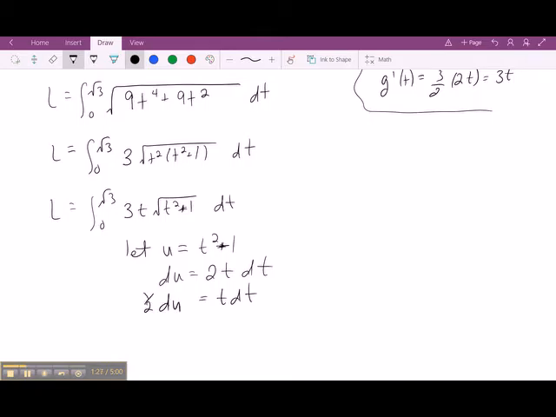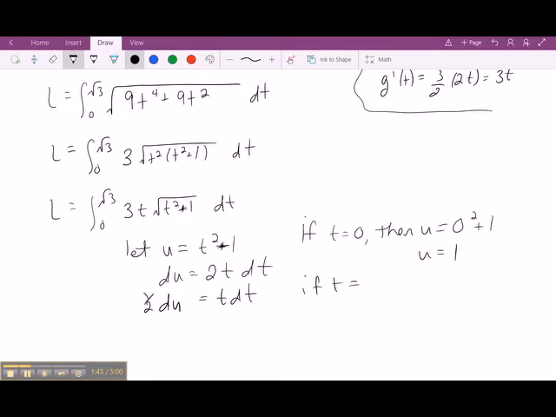I'm going to go ahead and switch my limits of integration over. If I know that t was equal to 0, then u will equal 0 squared plus 1, so u is 1.